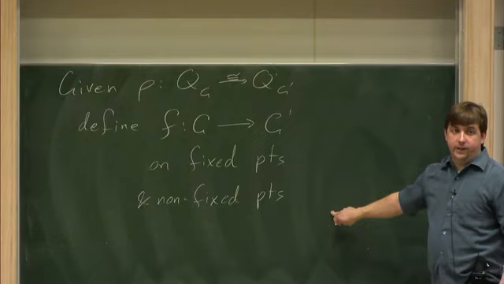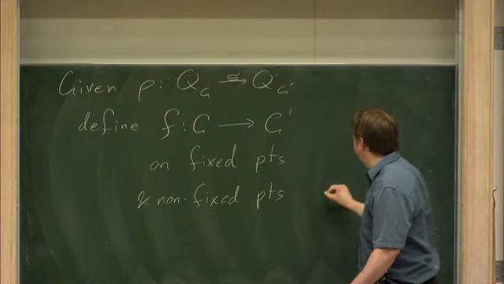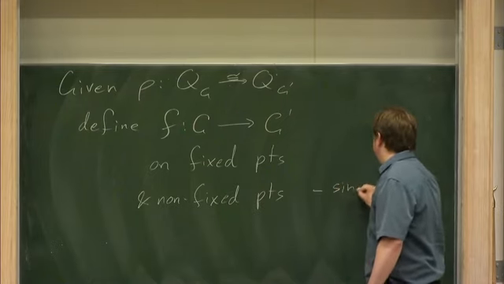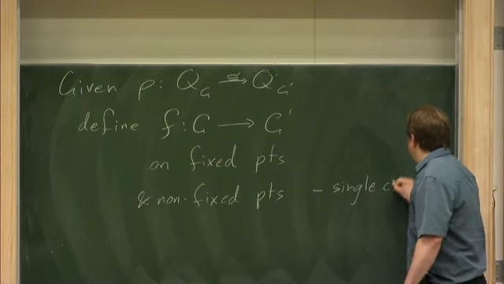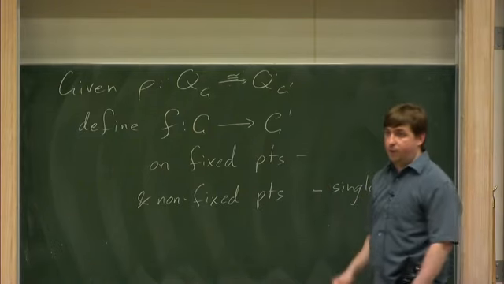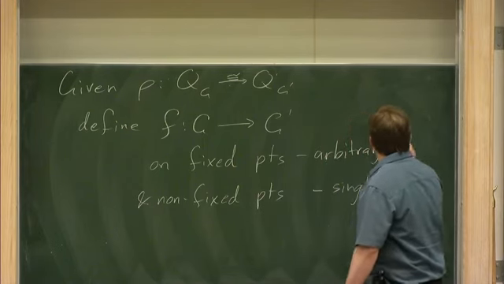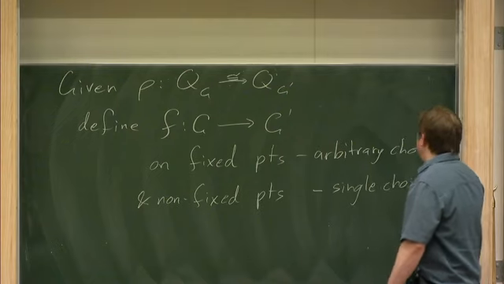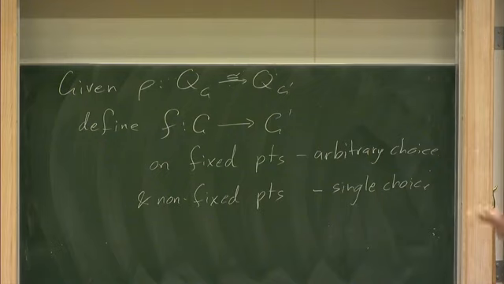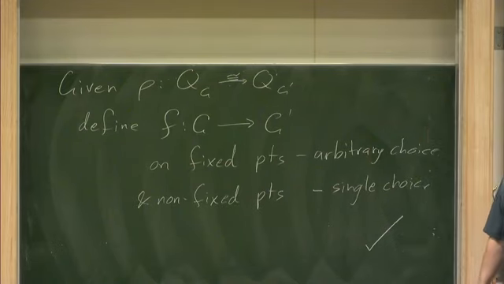On the non-fixed points case, by the fact that rho is a homomorphism, there's a single choice to make; you're forced. On the other hand, if you're a fixed point, then you can make an arbitrary choice. And then you can go through and check all the mixed cases, and it all works out. And you do get that isomorphism here corresponds to isomorphism of the graphs. So I'll leave it there.